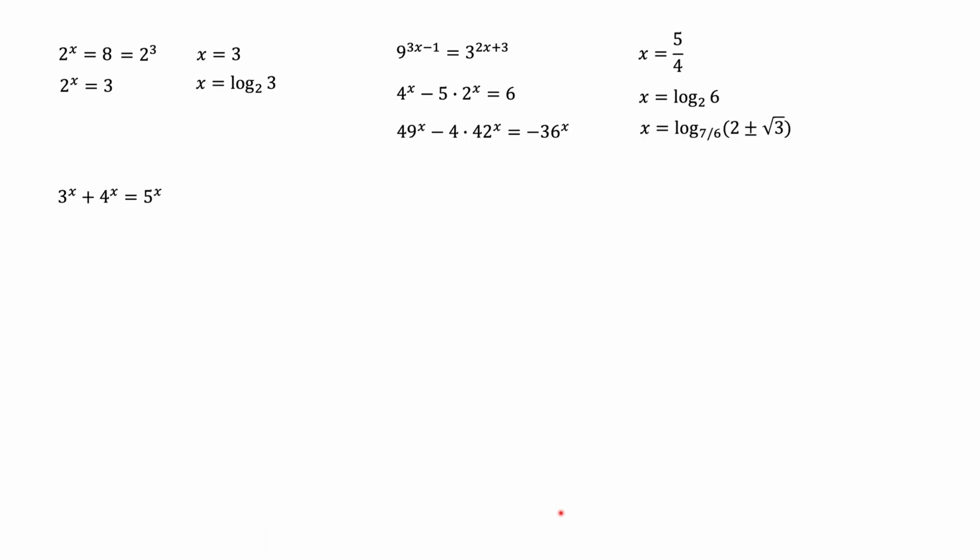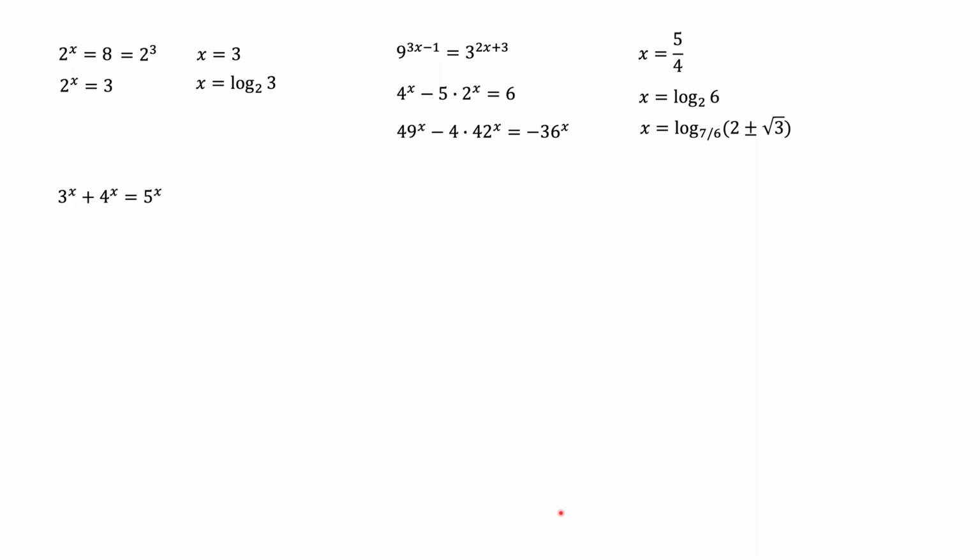Now let's consider this case. And it turned out that this is a different type of problem. In this case, no matter how much we try, if we try to play with exponential functions, if we try to find some kind of substitution to create an algebraic equation we can solve, nothing of this kind works.